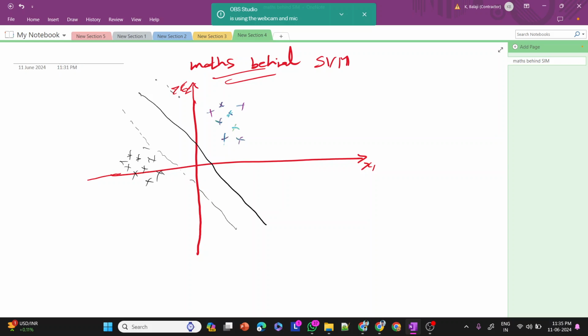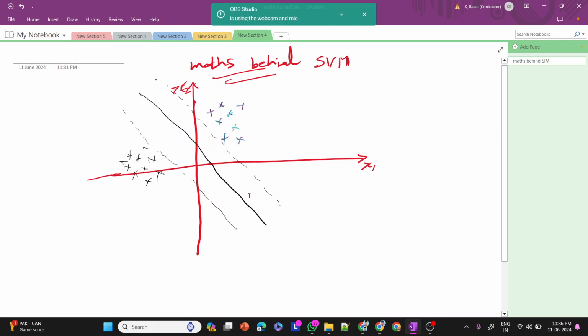This marginal line is parallel to the hyperplane and touches the points in a group. Those points are more likely to have a smaller distance from the hyperplane. The marginal line should touch the points nearest to the hyperplane from each group.